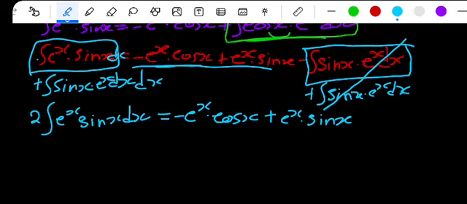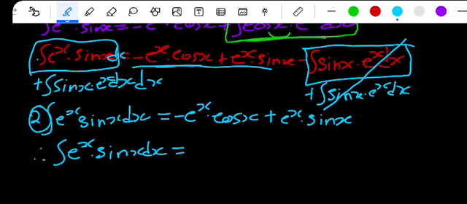So I don't want to have the coefficient there. I will divide by 2. Therefore, if I divide both sides by 2, I will have this on the left hand side. Now remember, here we have a negative, here we have a plus.